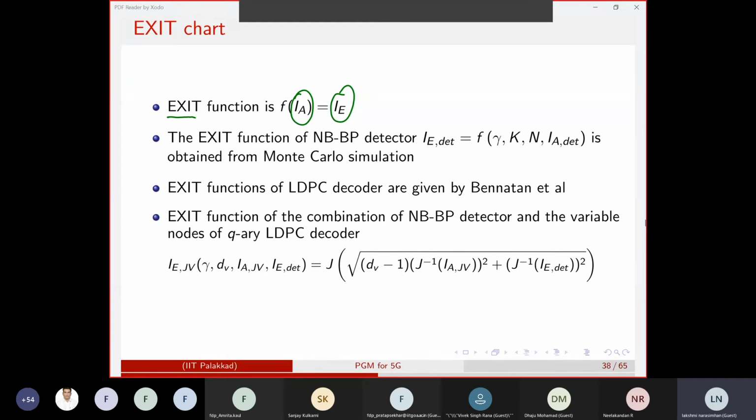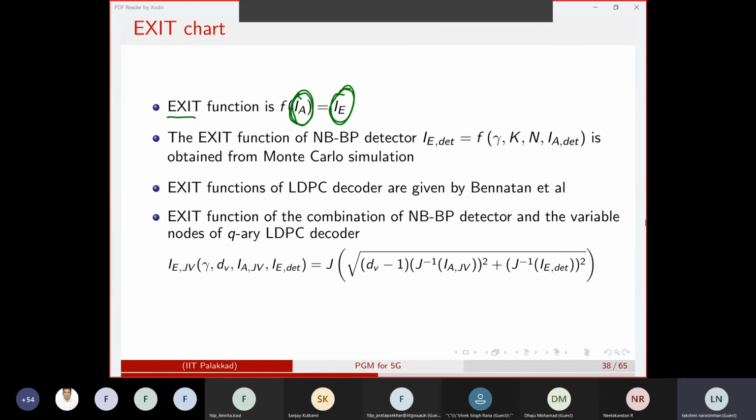Here, I_A represents the mutual information between the variables and the posterior probabilities, and I_E represents the mutual information between the variables and the likelihoods that are computed.